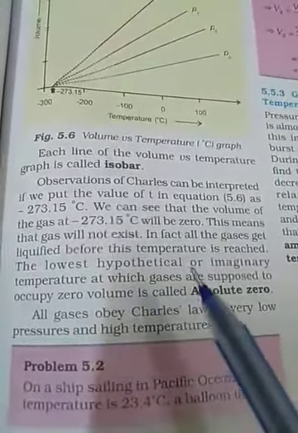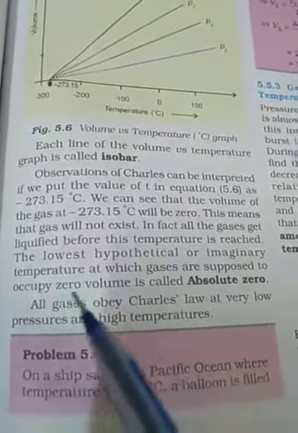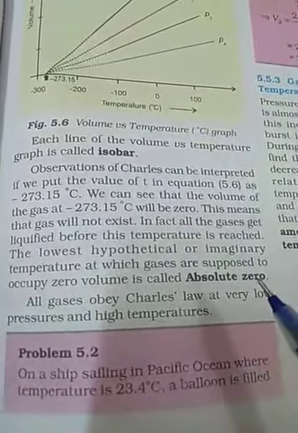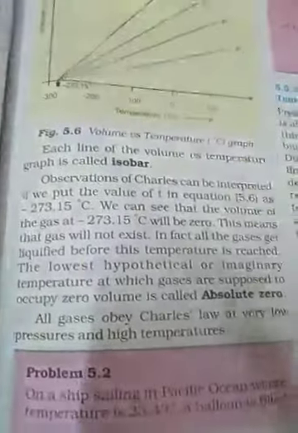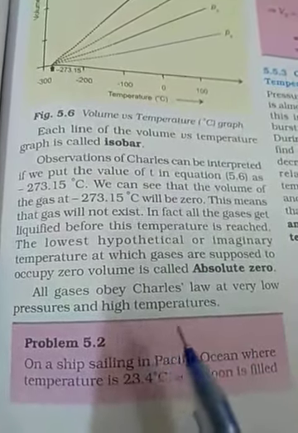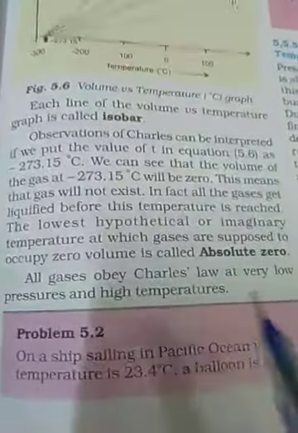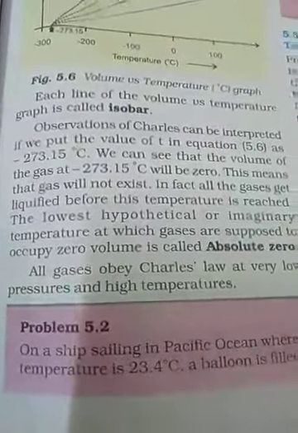The lowest hypothetical or imaginary temperature at which gases are supposed to occupy zero volume is called absolute zero. All gases obey Charles' law at very low pressure and high temperatures. This is very important.